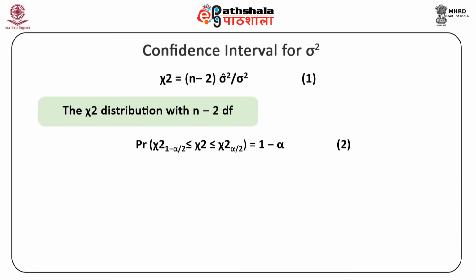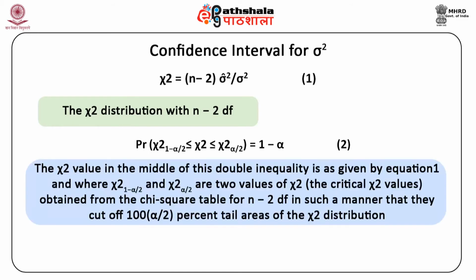This is our equation 2. So let me repeat here that we are saying that this interval could be written as probability of chi square lying between chi square 1 minus alpha by 2 and chi square alpha by 2 is equal to 1 minus alpha.